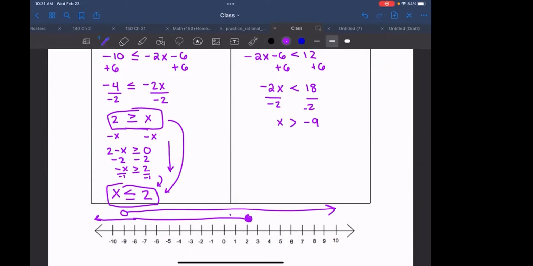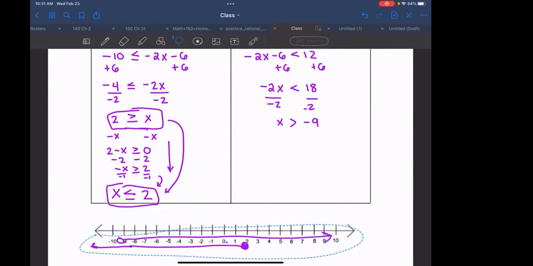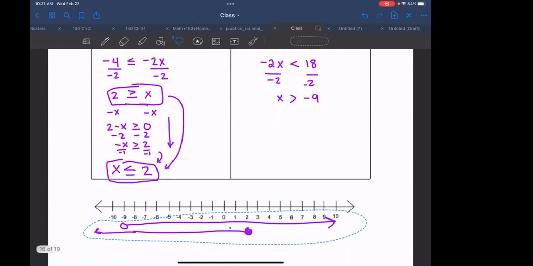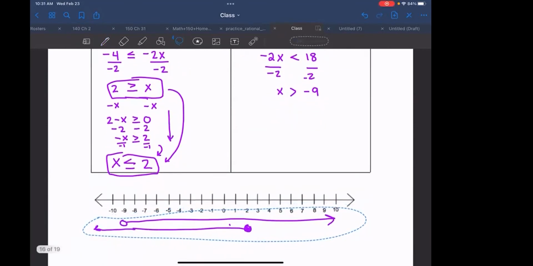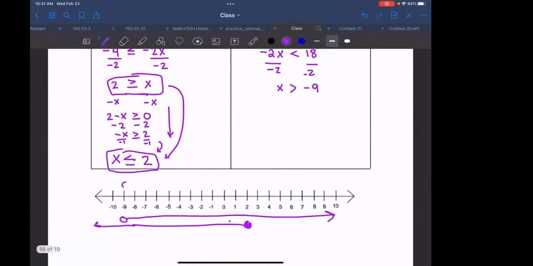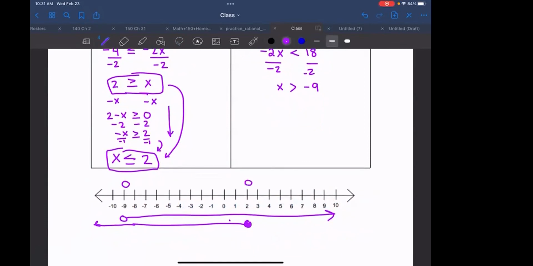Well, let me do this. I'm going to kind of lasso this, okay? And move this down, okay? Well, let's see what they have in common. Well, we still have our circle at negative 9 and our filled in circle at 2, okay? But they overlap everywhere in between, right?